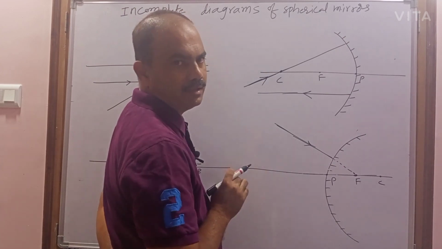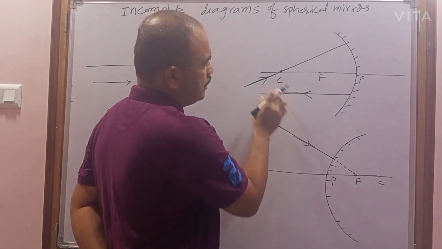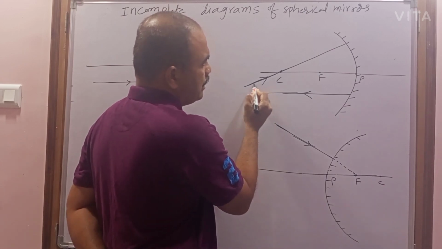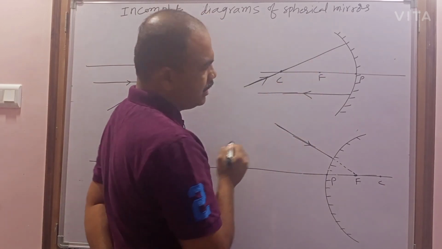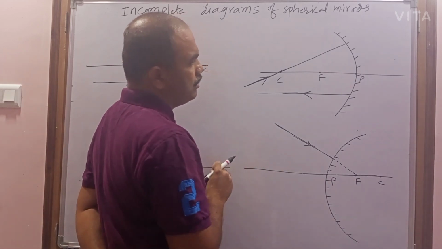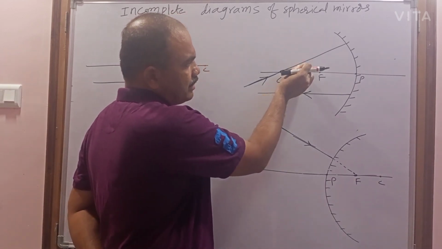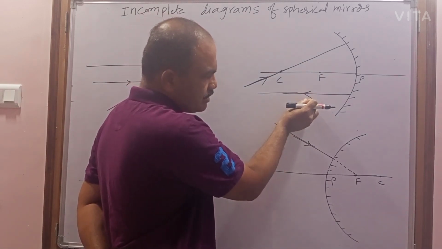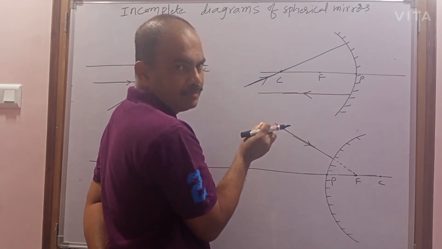You identify it. Next, two rays are given. This ray is the incident ray and this is the reflected ray. Now you have to draw the reflected ray for this incident ray, and the incident ray for this reflected ray.